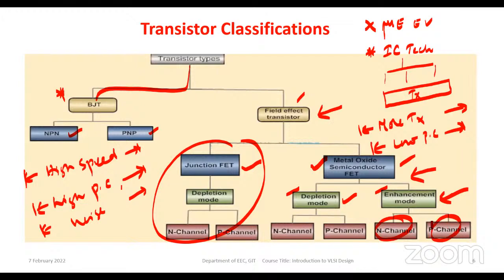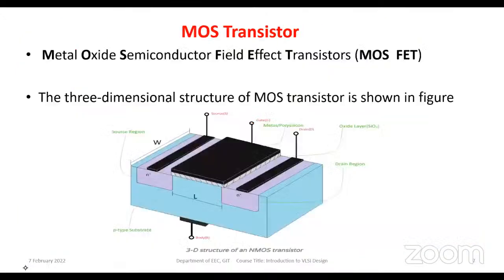We talk about these flavors after some time. So these are the different classifications, and we restrict ourselves only to MOS field effect transistors, which can be enhancement type. We will see this point in the coming slides.